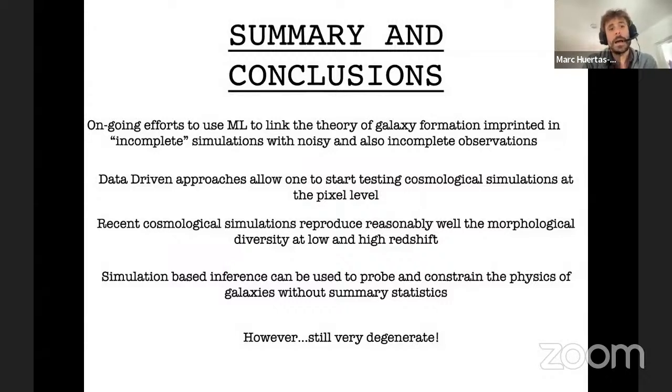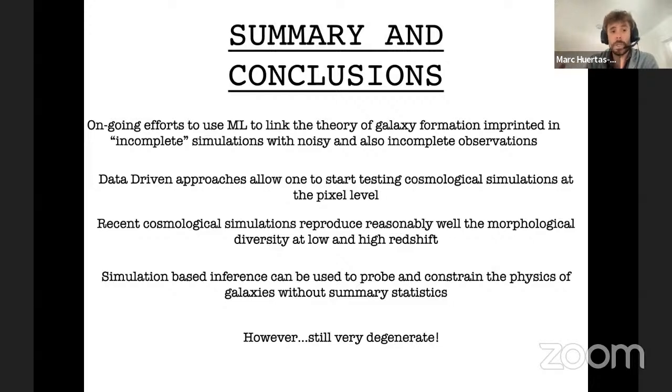So I've tried to show you some ongoing efforts to use machine learning to link the theory of galaxy formation imprinted in incomplete simulations, of course, with noisy and also incomplete observations, and how these data-driven approaches allow one to start testing cosmological simulations at the pixel level.